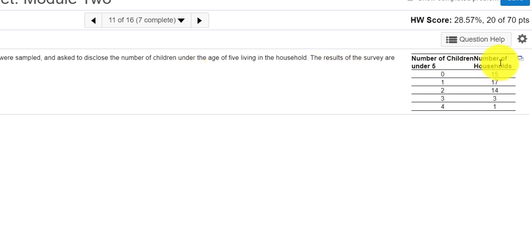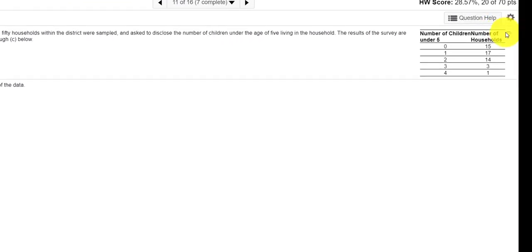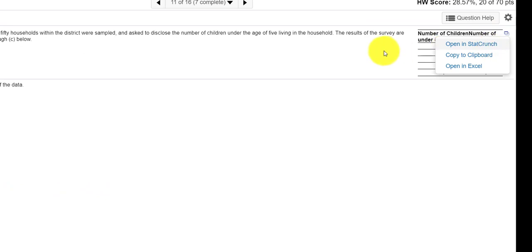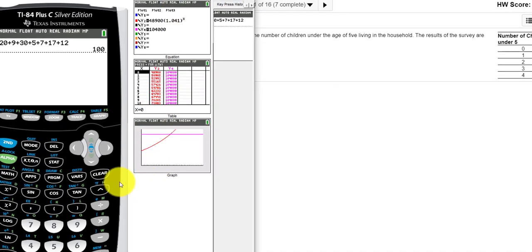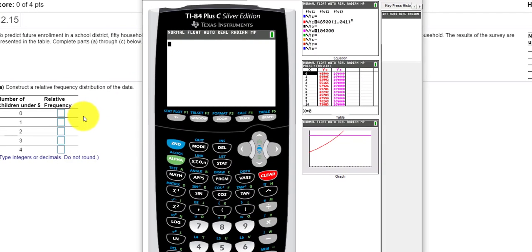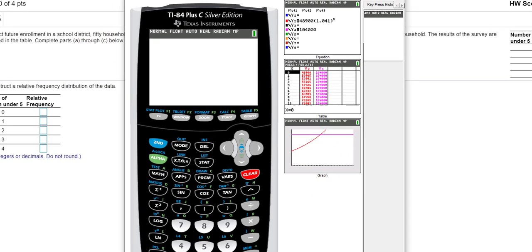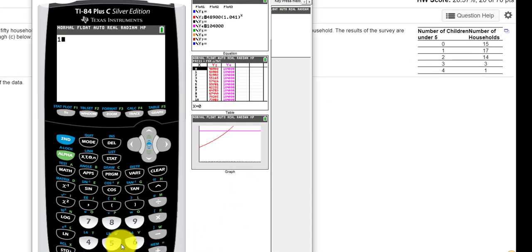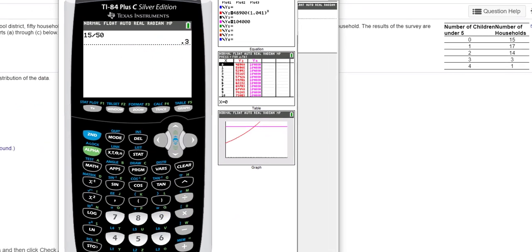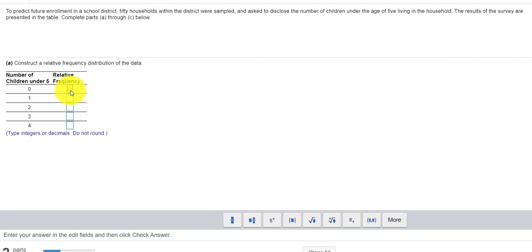Actually, I don't really need to open this up in StatCrunch because I could just do it with my calculator to get the relative frequency. 15 households out of 50 would be 0.3. And I'll know if I did this correctly at the end because this should sum to 1, right?